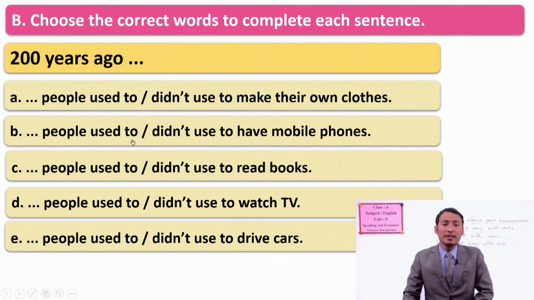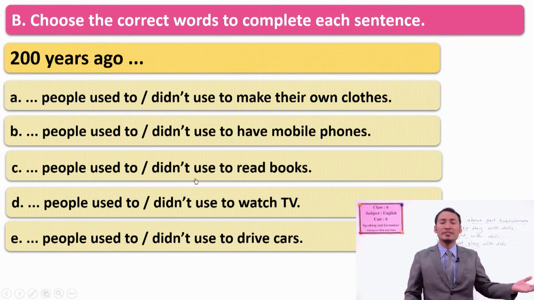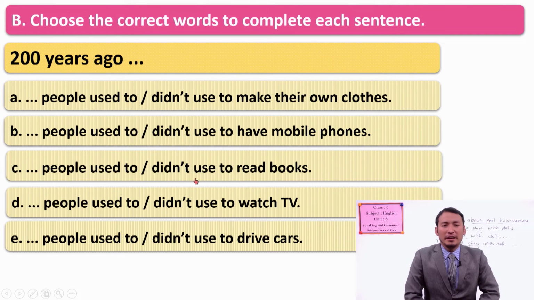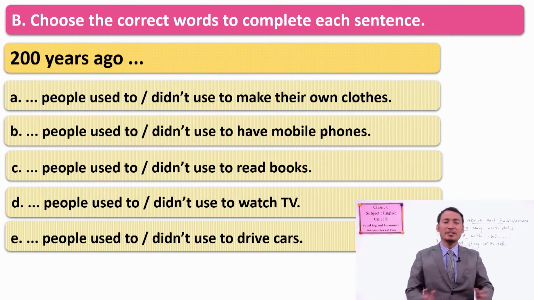You might say so. And do you think that people used mobile phones before 200 years ago? No, because you might have no idea. Mobile phones are just in your age, I think. It's not been more than 20 years, around 25 years.